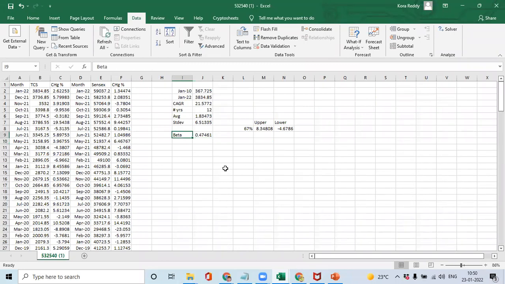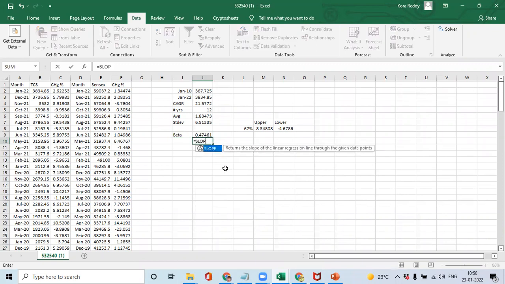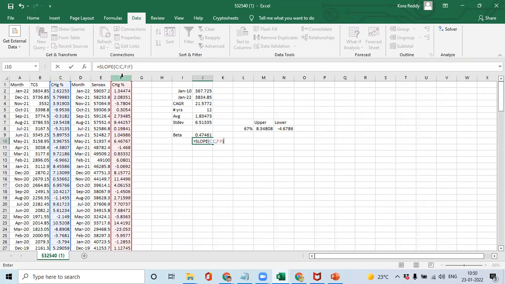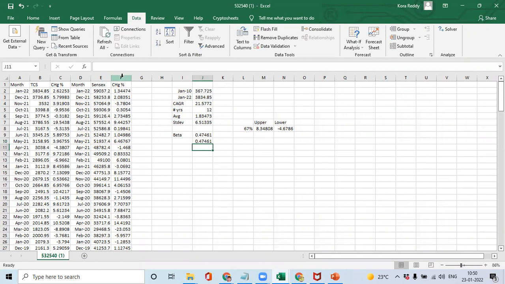That's what beta means. There is also another simple method called slope, using known y's and known x's. That's also a way to calculate beta. Even though it's repetitive, I will keep that for your reference.